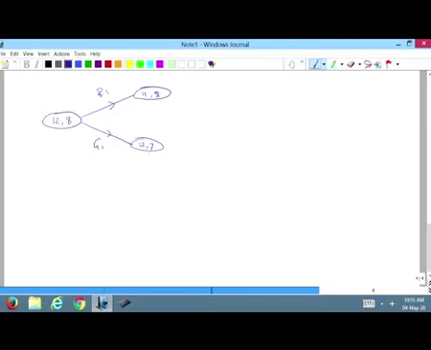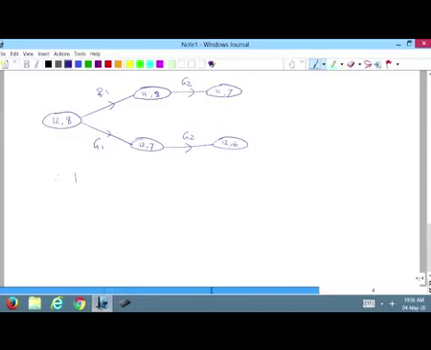Now, if I have G2 here, that the second ball drawn is green, then the configuration is going to be 11, 7. And from here, if the second ball drawn is green, then our configuration is going to be 12, 6.